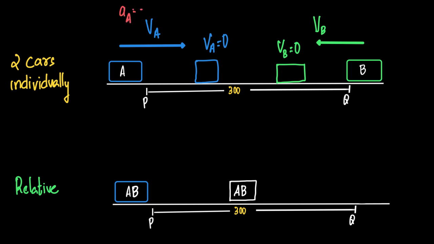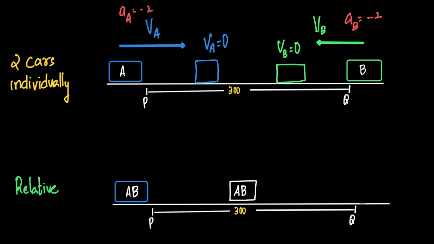Acceleration of A is equal to -2. Acceleration of B is equal to -2. And you can make two different equations out of these two constraints and then solve it individually. That is what we did in the previous section. Now in this section, what we will approach is using the relative motion. So instead of having car A and car B, we only have car AB.